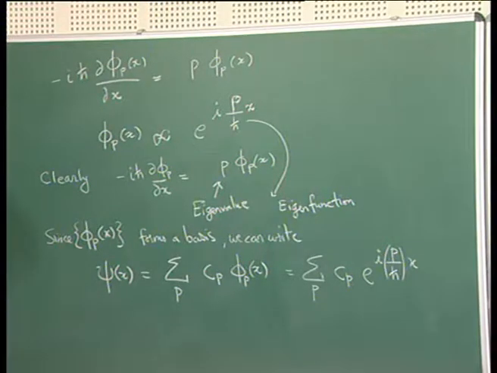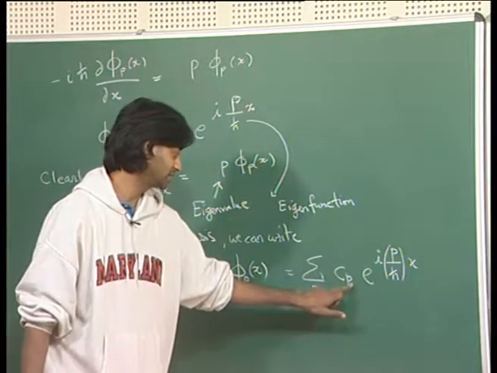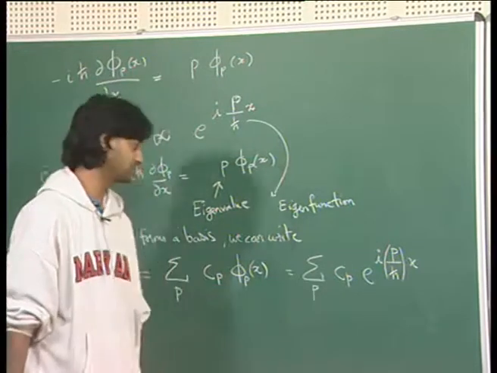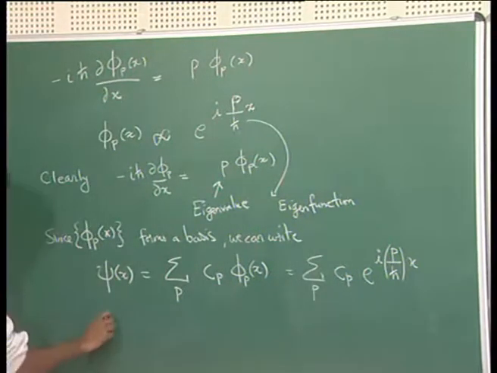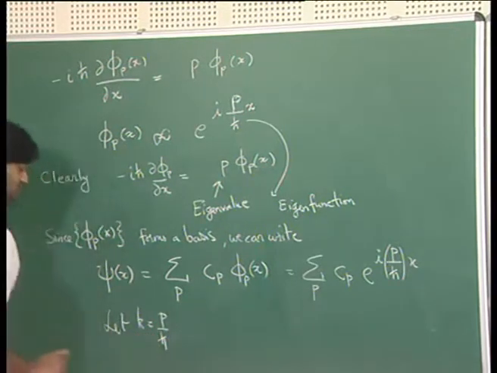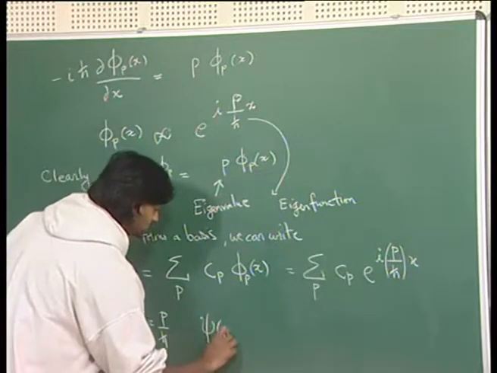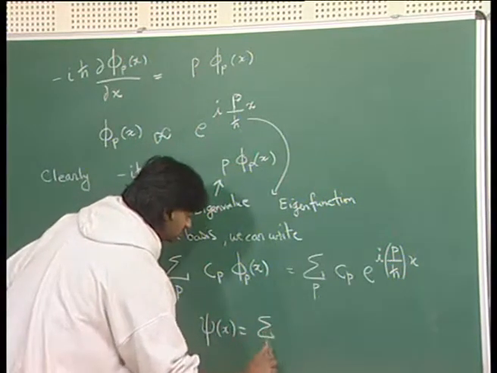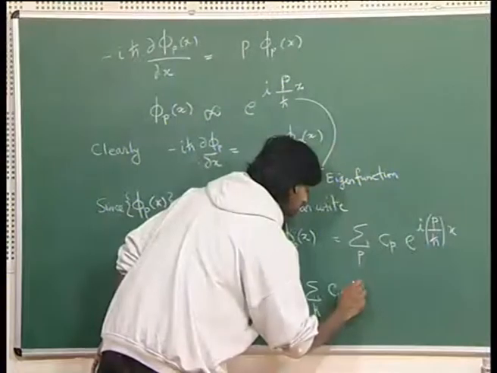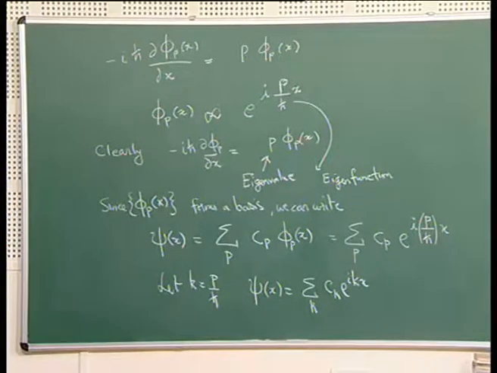Now, again this looks very much like the Fourier transform. If you had a p by h cross here and a p by h cross here, then everything would have been the same. So, we say let k equal to p by h cross. Then I can write this expansion in the following form: psi of x is equal to the sum over k of c k e to the i k x.